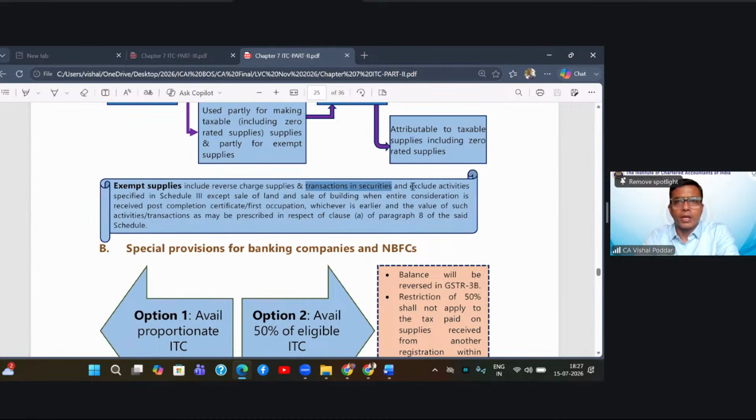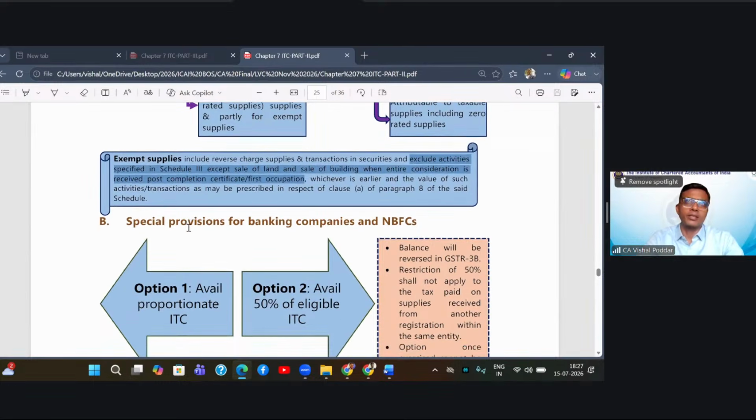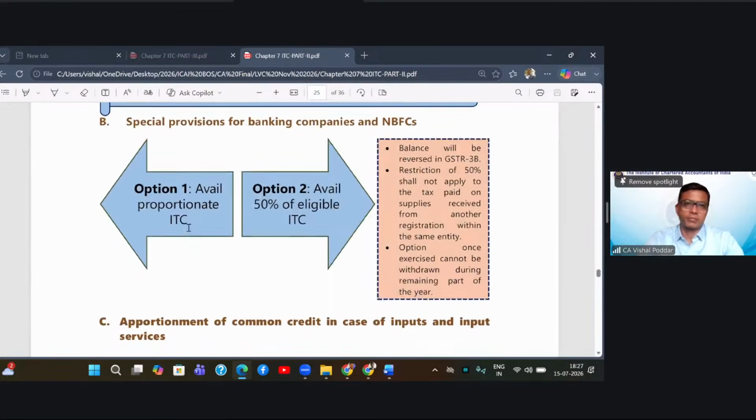Then in case of Schedule 3 supplies, which you will all recall are treated as no supply transactions, whenever you are making Schedule 3 supplies, except sale of land and sale of building, again they are saying we will treat them as exempt supplies. So some of these Schedule 3 supplies will also be included in exempt supplies for the purpose of proportionate reversal.